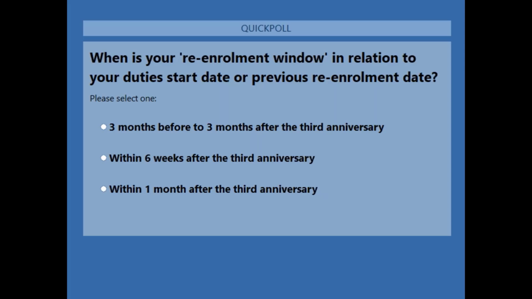Or is it within 1 month after that 3rd anniversary? So you can vote for the answer that you think is correct on screen and then click submit. And once we've had most of the votes in, I'll let you know if you were right.